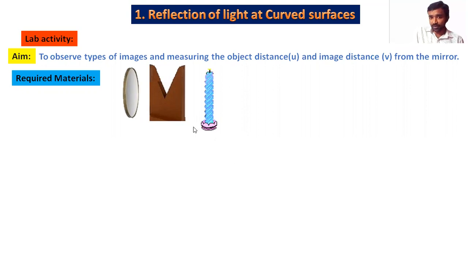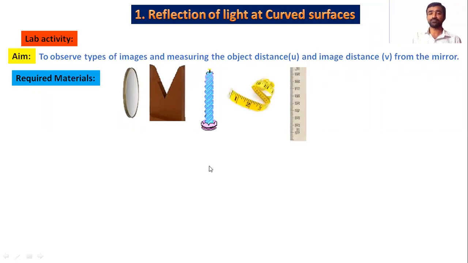If I place the object in front of the concave mirror, I can see the image, maybe on the screen or on the surface of the mirror. So I have to measure where I place the object in front of the mirror. That we call the object distance. That object distance is measured using the tape or the scale. So I require a tape or a scale here.